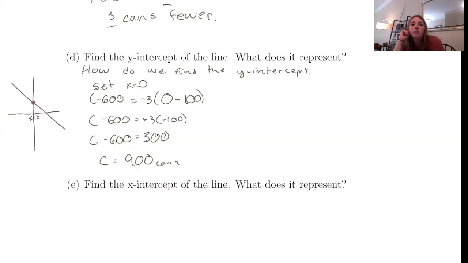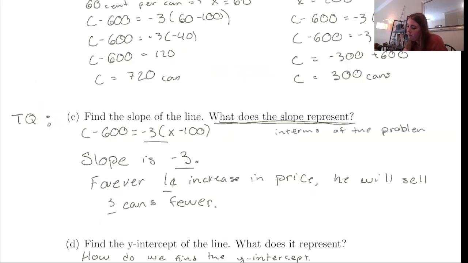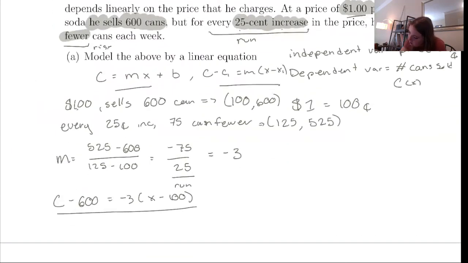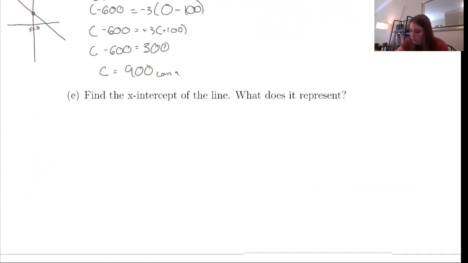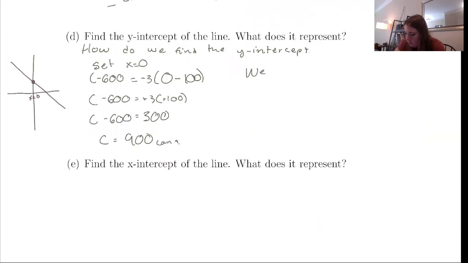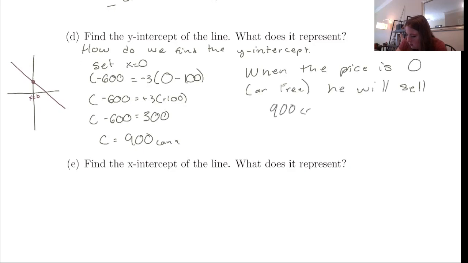Remember, x represents the price, and C was the number of cans. So when the price is 0, or you could say free, he will sell 900 cans.